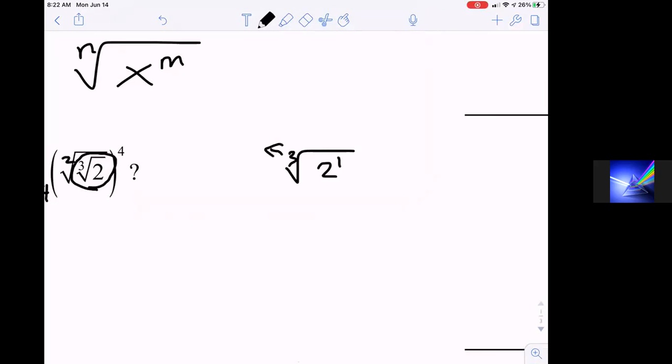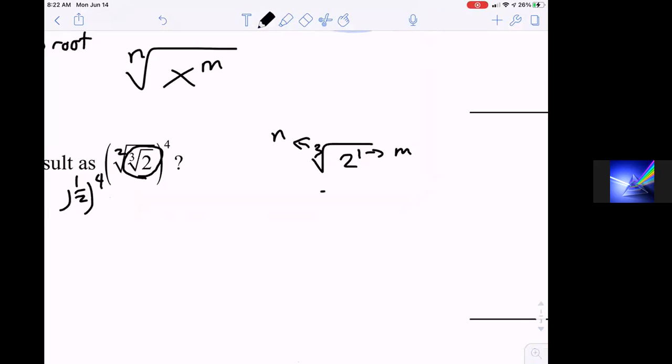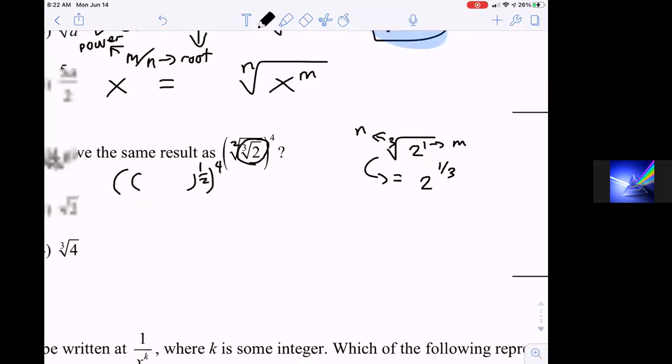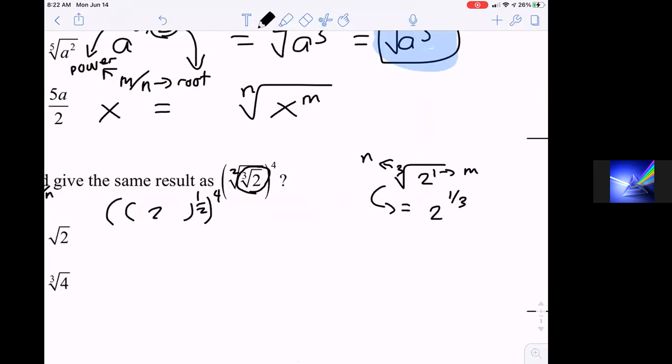So this is the root. Okay, but I say root, this is the n is the root, m is the power. So this is the same thing as 2 to the 1/3 power. So we can rewrite it kind of like that. So I'm going to write 2 to the 1/3 power inside.